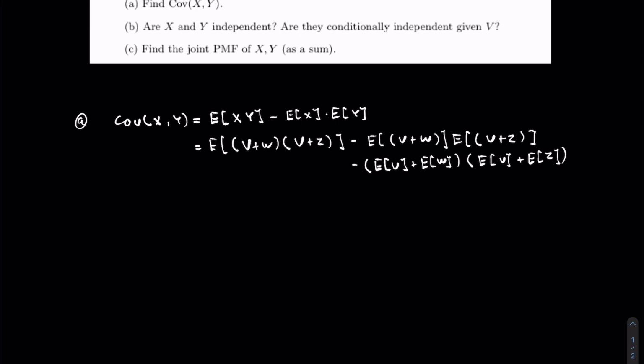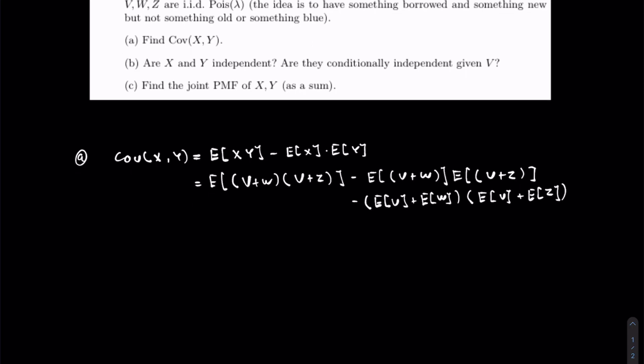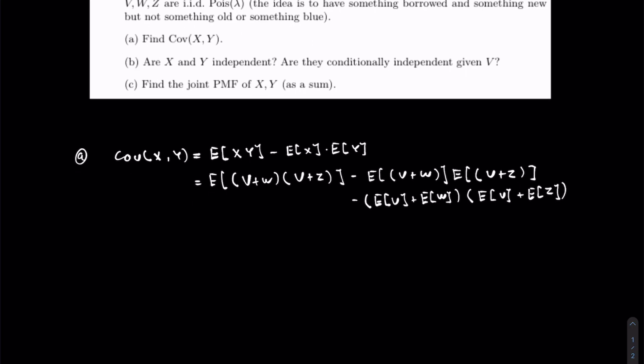In each of these terms here, we know that the random variables v, w, and z are i.i.d. Poisson with parameter lambda, and we know that the expectation of the Poisson is lambda.